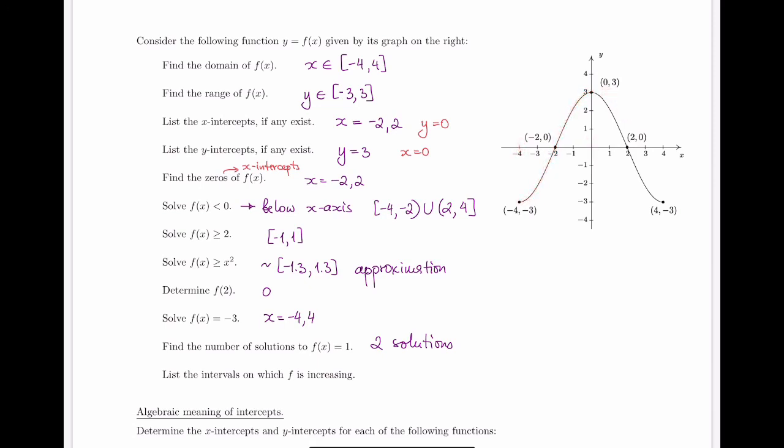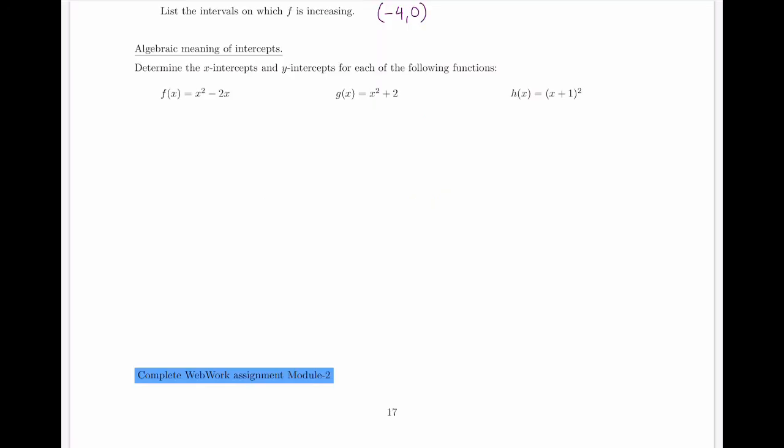Here you can include or not include the endpoints. It really depends on your book's definition of increasing. Sorry, it's between -4 and 0. I'm not going to include the endpoints, because if you're just standing at this point, you're not actually increasing. You're just not decreasing either.